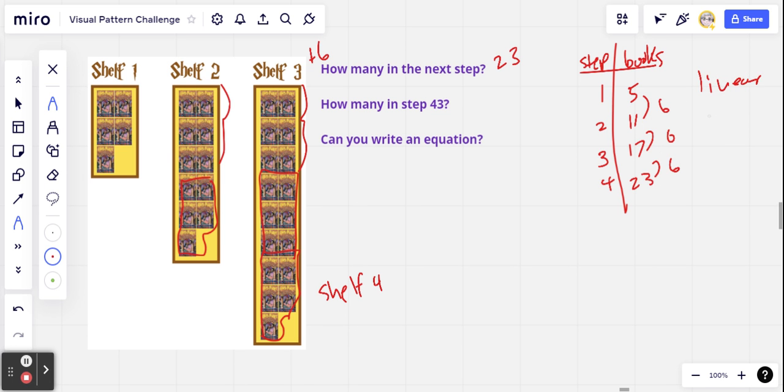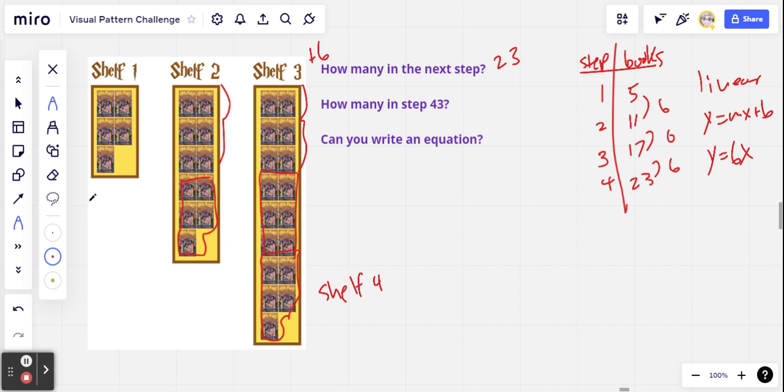We're going to use the equation for a line, y equals mx plus b, to model that. The m, which is the slope of the line, is the rate of change from step to step, the rate of change of this pattern. So we're going to start with y equals 6x and see how it works. We don't know what the b is going to be yet.